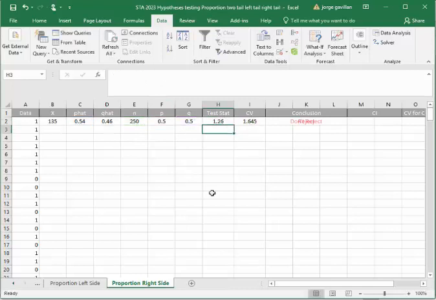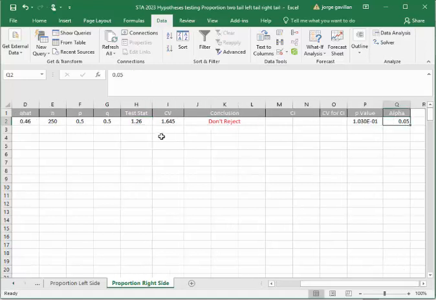Just going to double check to make sure that I got everything correct. So again, p-hat minus p, so 0.54 minus 0.5, divided by the square root of p times q divided by the sample size, and so we get a test statistic of 1.26. Oops, sorry, let me move that out of the way. So I get a test statistic of 1.26 and an alpha of 5%.